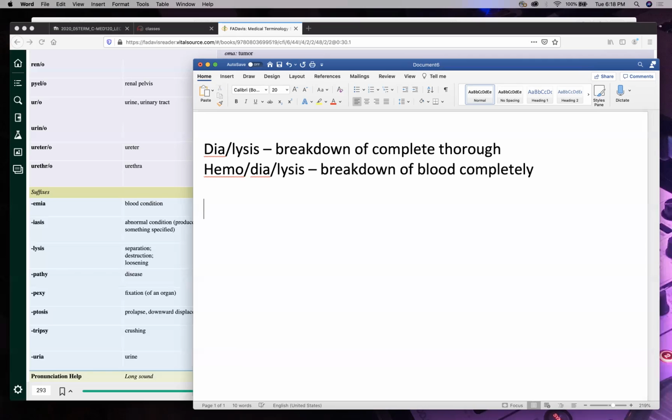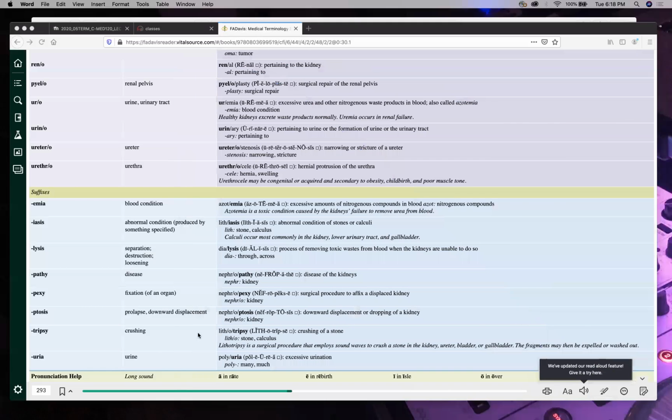And we'll show you a little bit later peritoneal dialysis. It's dialysis or breakdown of blood completely, but via the covering of your abdomen, which is your peritoneum. And you don't want peritonitis, inflammation or infection of the covering of your abdomen, because there's a lot of arteries and veins in your peritoneum. It leads to sepsis very quickly.